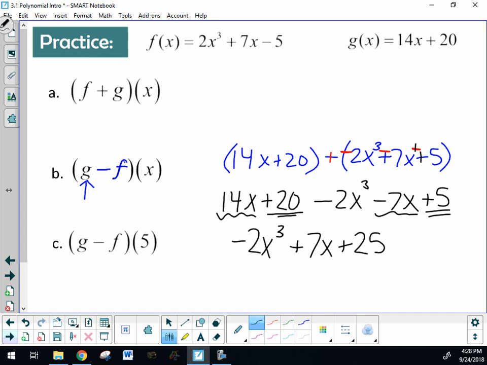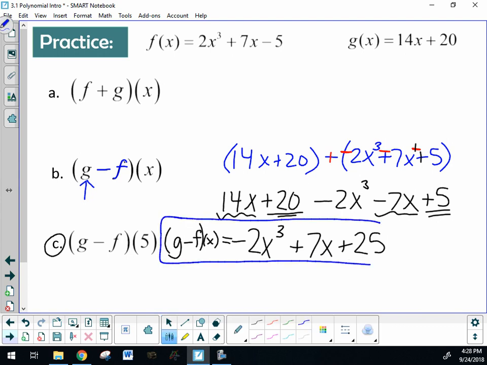So this notation in part C, g minus f of 5, well, we just figured out what g minus f of x was, and it's this. So if it says g minus f of 5, that's literally just telling you to substitute the number 5 in for x.